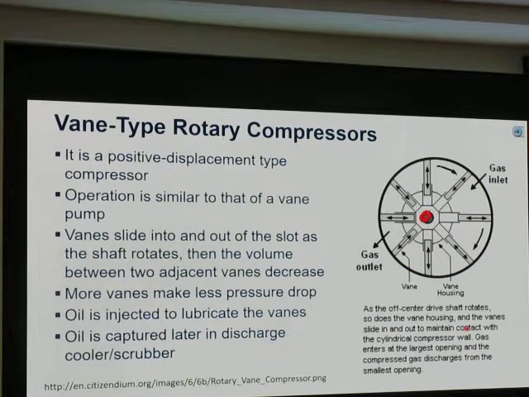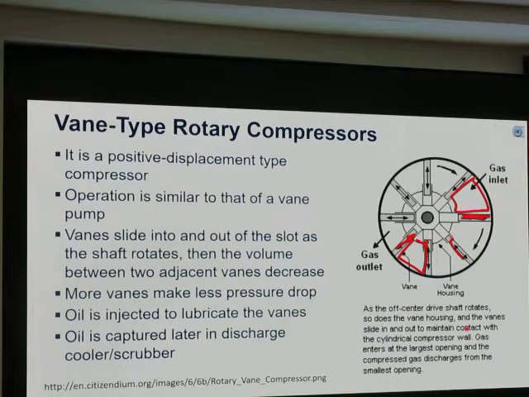Center over here is eccentric. So the volume of gas that is occupied in this chamber, when it moves, the vane keeps going in because we squeeze it against the wall. So this vane is coming back in more and more. So the volume is less here, the volume is more there.